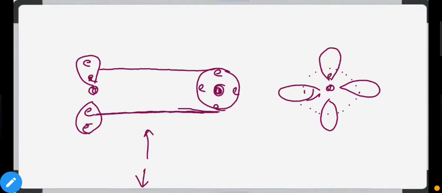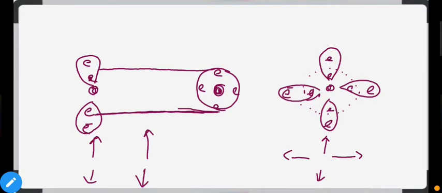If electrons are present within this area, then they are comparatively closer to the nucleus, but if they are present in the outer region, then they are away from the nucleus. So in case of a p orbital, electrons may increase their distance either upside or downside, but in case of a d orbital, they can go upside, downside, as well as left and right side.